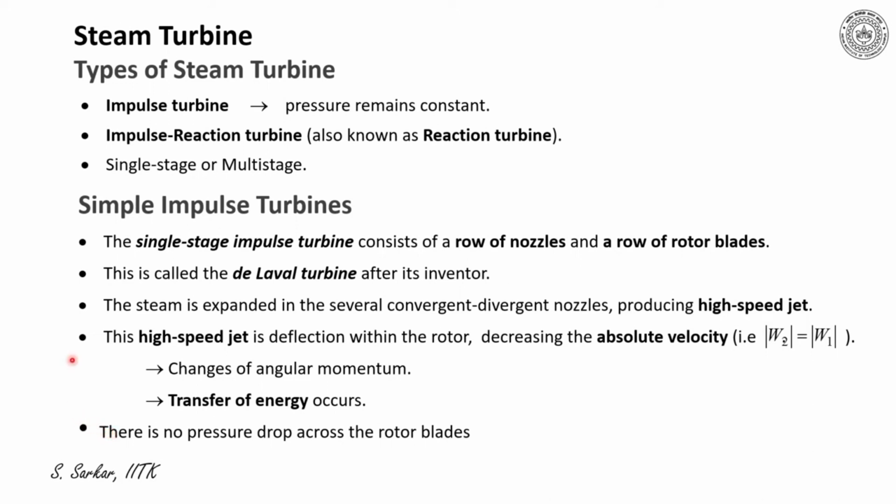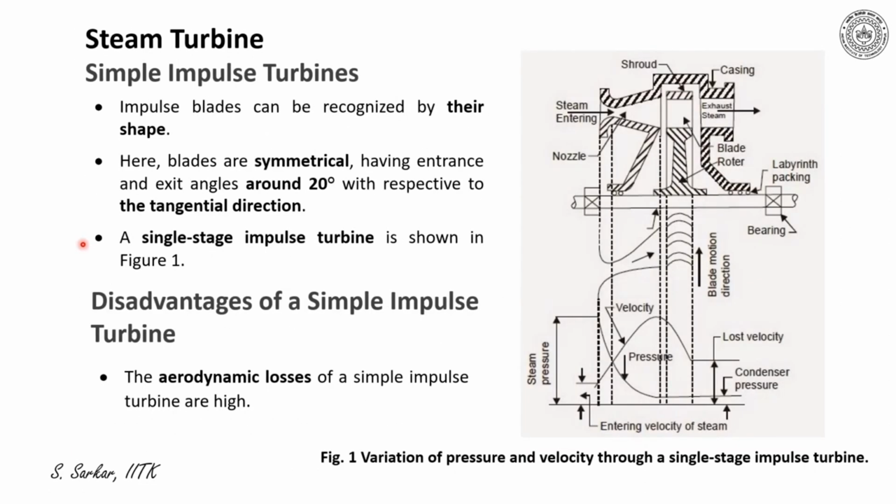This is simply the characteristic of an impulse turbine, particularly a single stage impulse turbine, which is known as simple impulse turbine. A single stage impulse turbine is shown in figure 1. Please note the casing of the single stage impulse turbine. The casings have the hatched portions.